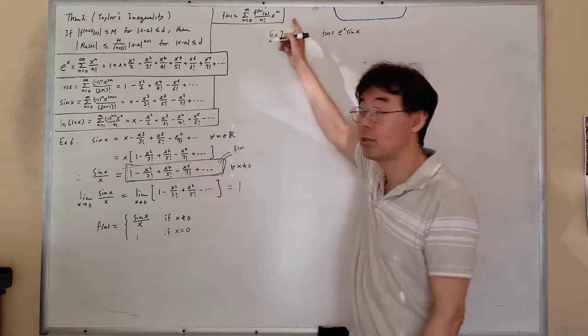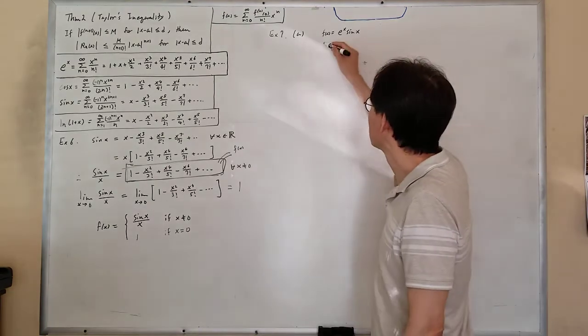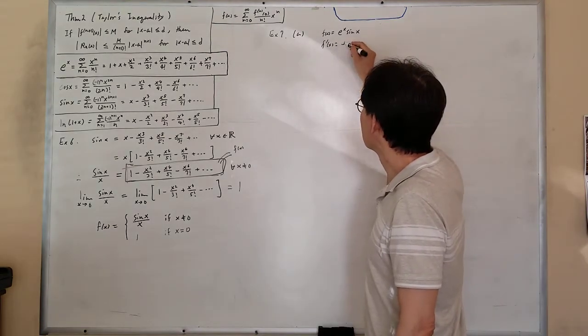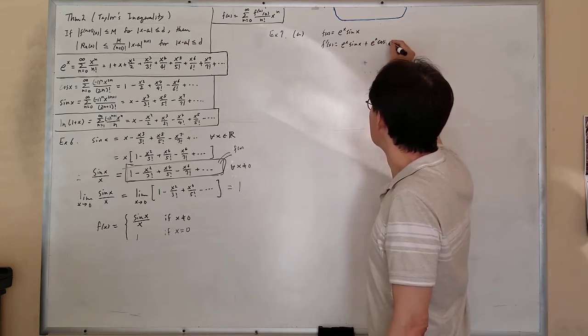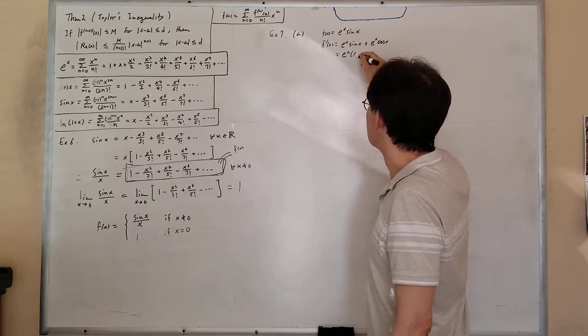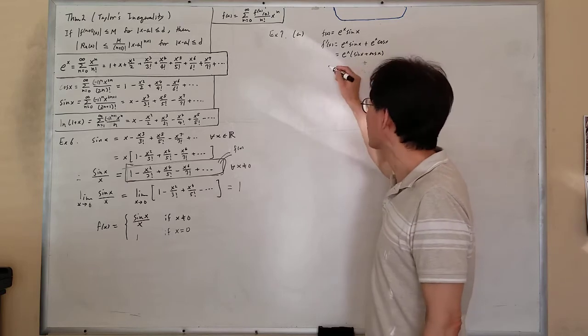If you want to use the Maclaurin series to get the first few non-zero terms, you have to go through this, right? Product rule. And then another product rule.